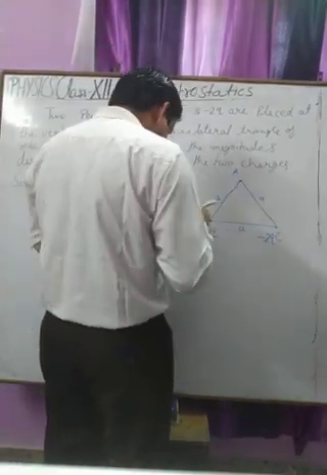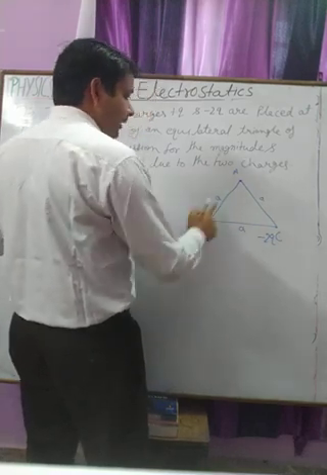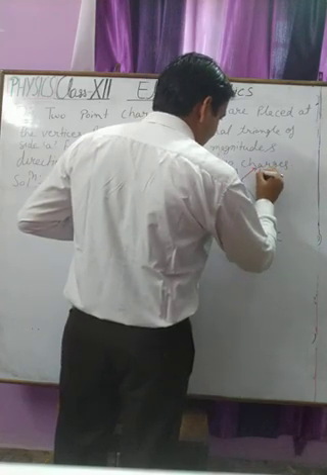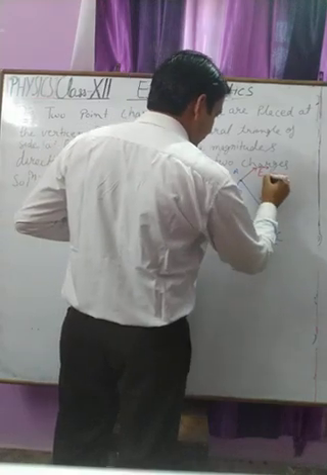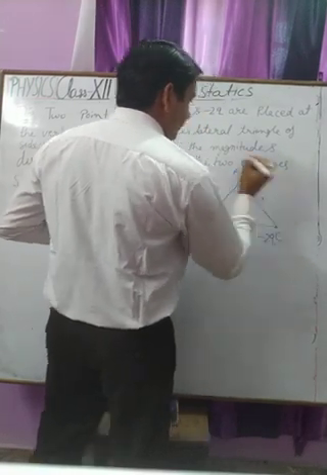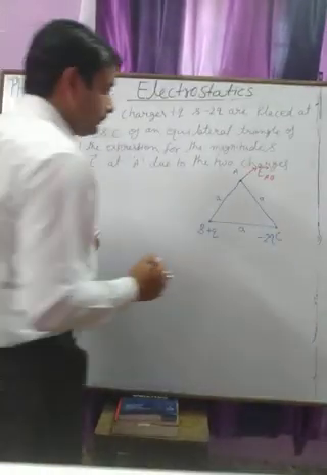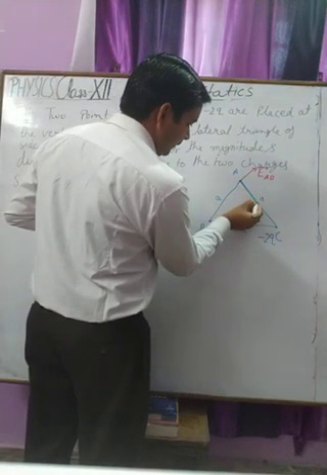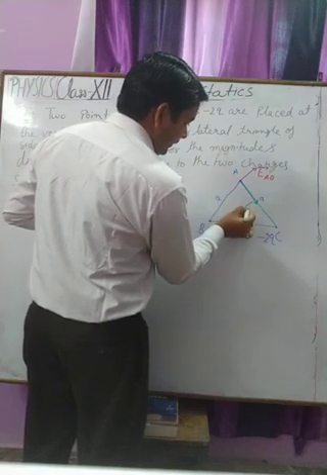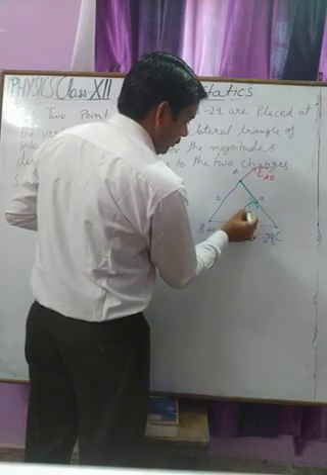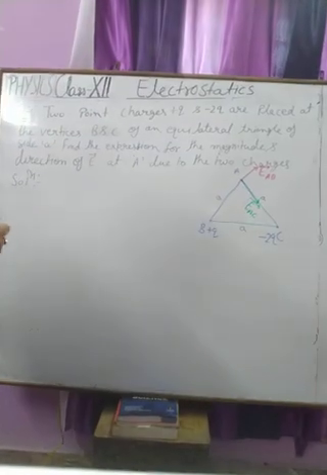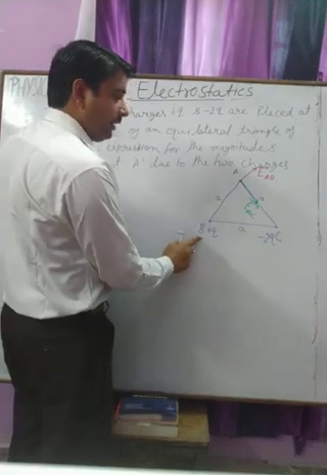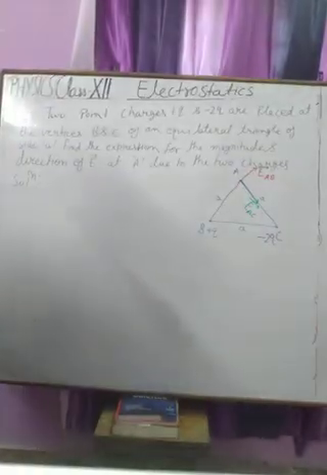So the electric field due to point B at A is the electric field on point A due to B. And student, the electric field due to point C at A is the electric field at point A due to point C. So first we calculate the value of the electric field due to the charge at point B and the charge at point C.